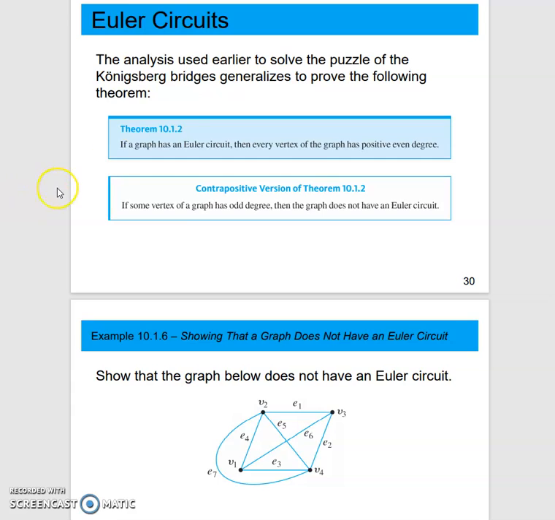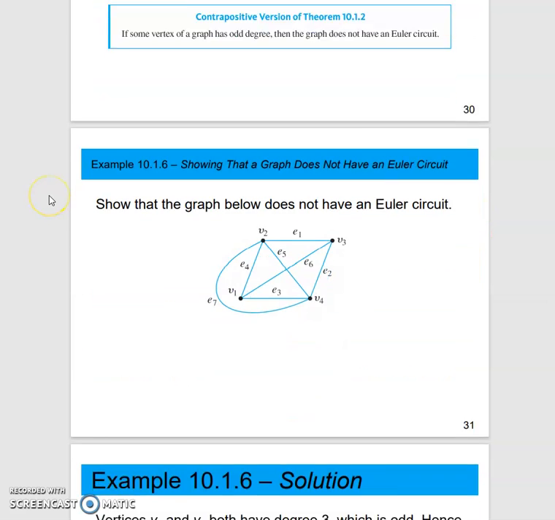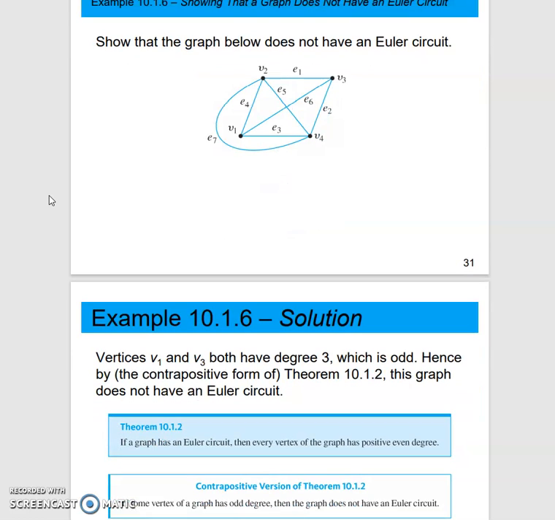Our general theorem here is: if a graph has an Euler circuit, then every vertex of the graph has positive, even degree. And we can say the contrapositive: if a vertex has an odd degree, then the graph does not have an Euler circuit. Let's keep that in mind and try to determine if this graph has an Euler circuit.